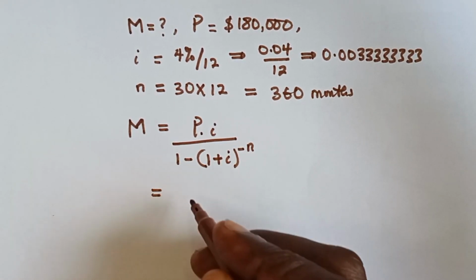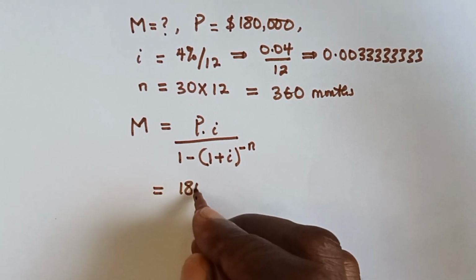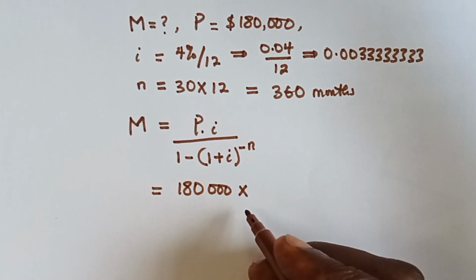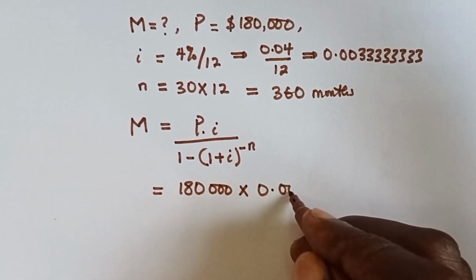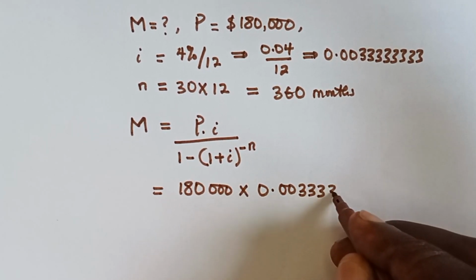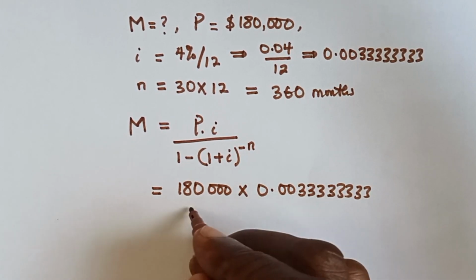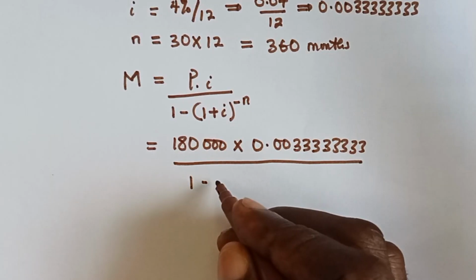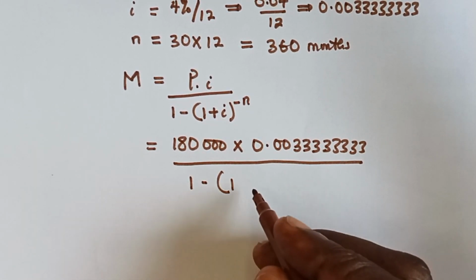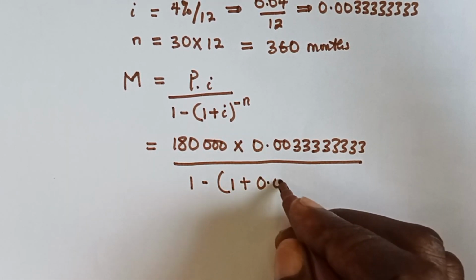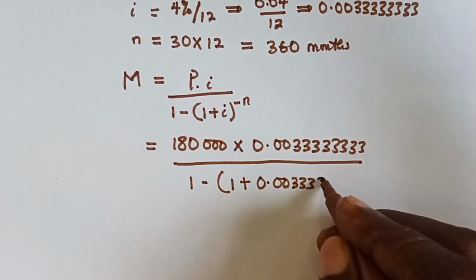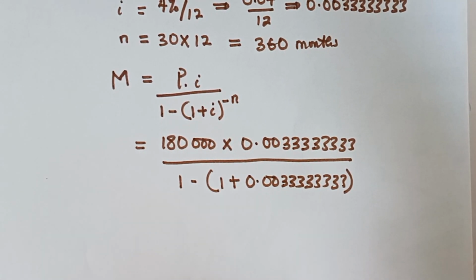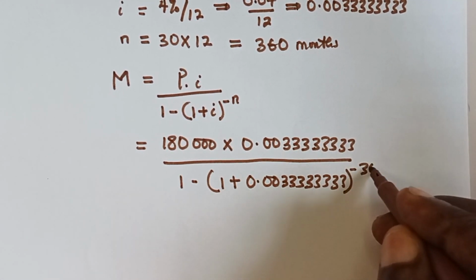Our P is $180,000 multiplied by our I, the monthly interest rate, which is 0.003333333, over 1 minus open bracket 1 plus 0.003333333, raised to power minus n. Our n is 360, so raised to power minus 360.